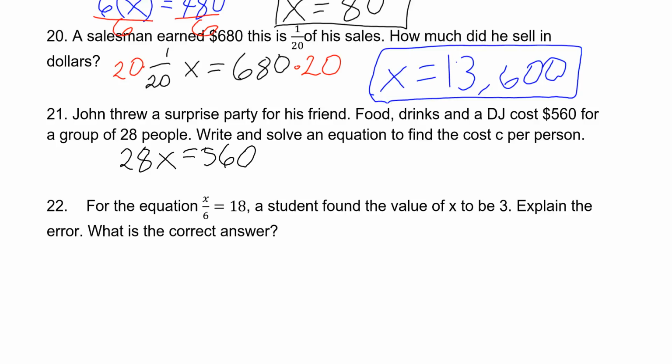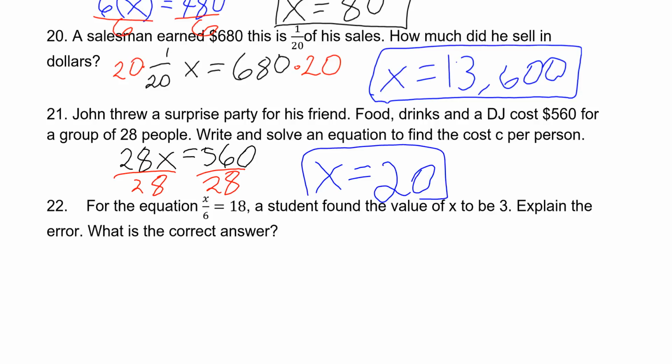So if we go through and we divide each side by 28, that's going to leave us with x equaling 20. How nice and neat is that?